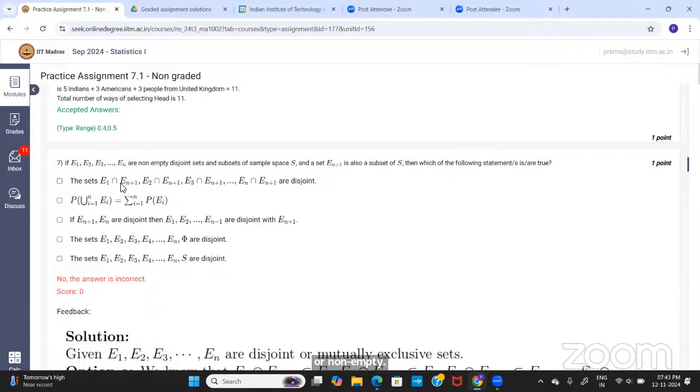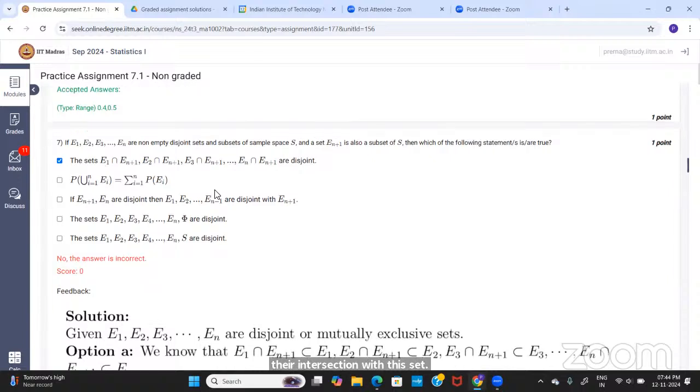If it is disjoint, then the intersection will be the empty set, because these sets are disjoint. You are saying that the intersection of En with En+1, their intersection with the other set is empty? Okay, that is different.